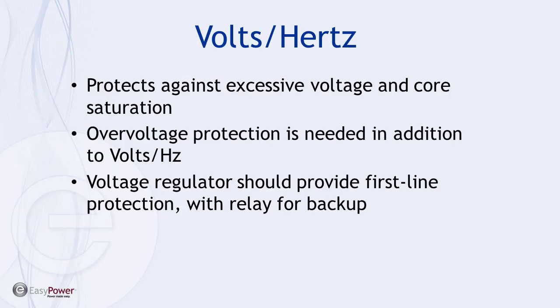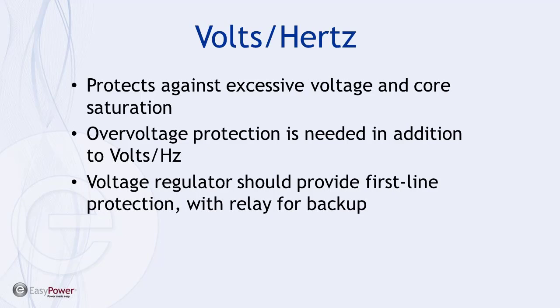Volts per hertz protection is really to prevent against excessive voltage, high flux, and saturation of the core, and that can be extremely damaging. In addition to volts per hertz, you need standard overvoltage protection.